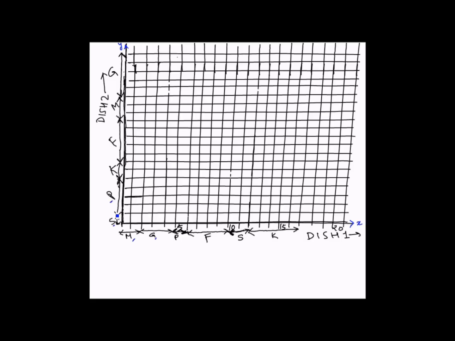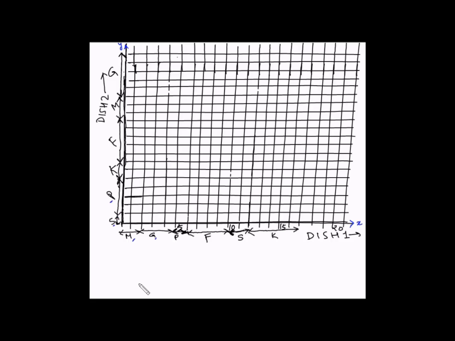Next, we make rectangles on the graph to represent areas showing the overlapping of the requirement of the same equipment by the two dishes. For example, on the x-axis, the first equipment shown is M, which is for 2 hours.